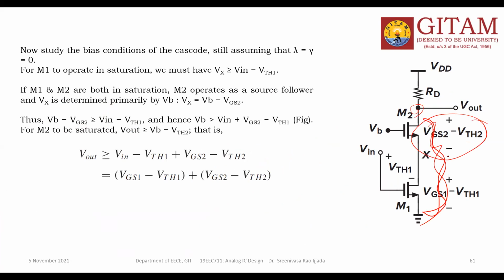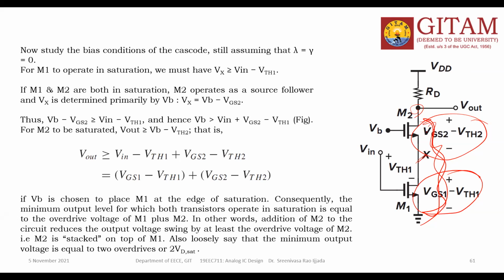Otherwise you can write Vx minus this. Vin I can write as VGS1, minus VTH1 plus VGS2 minus VTH2. This is the case.